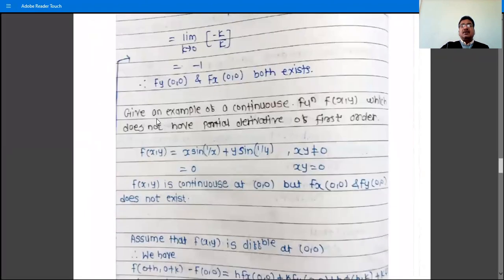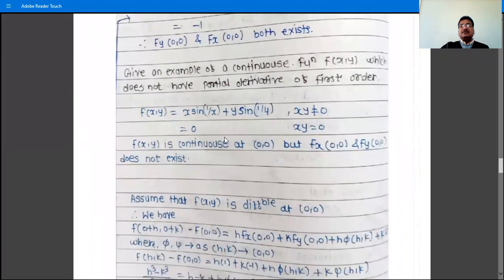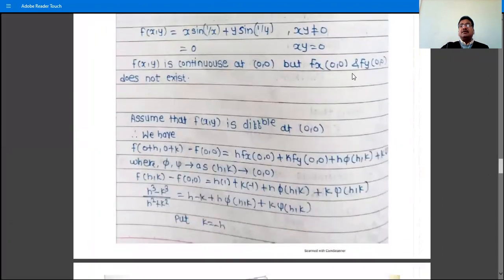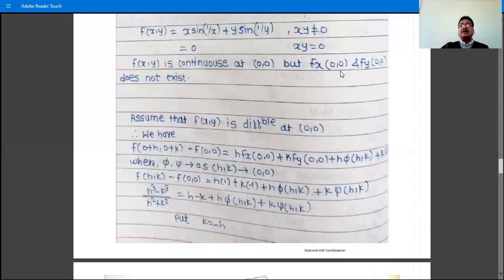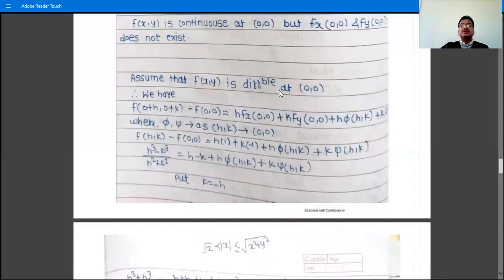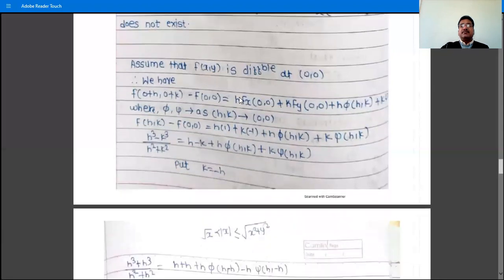So f(x,y) is this function, which is not differentiable. Now we have to show the function is not differentiable.